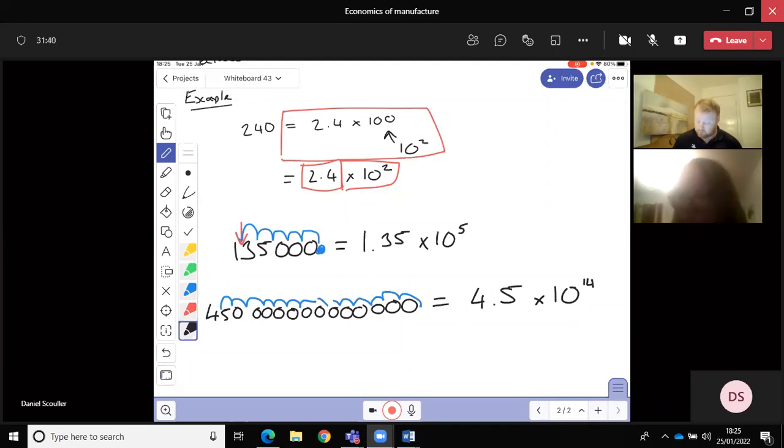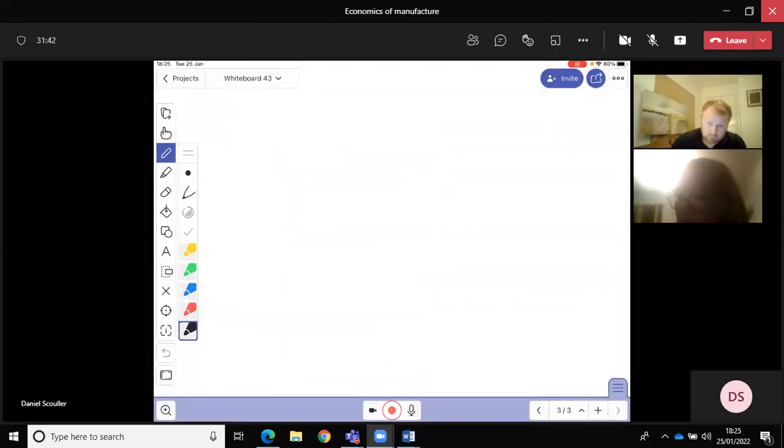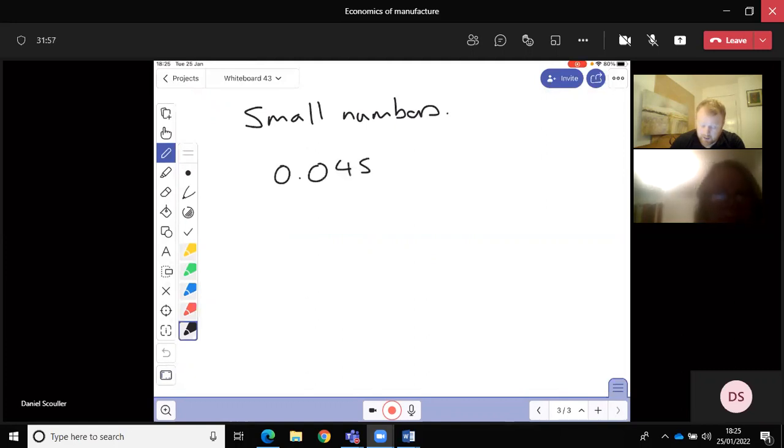So using this for small numbers. We've got a number below 1, so let's say 0.45. We want to express that with a number between 1 and 9.